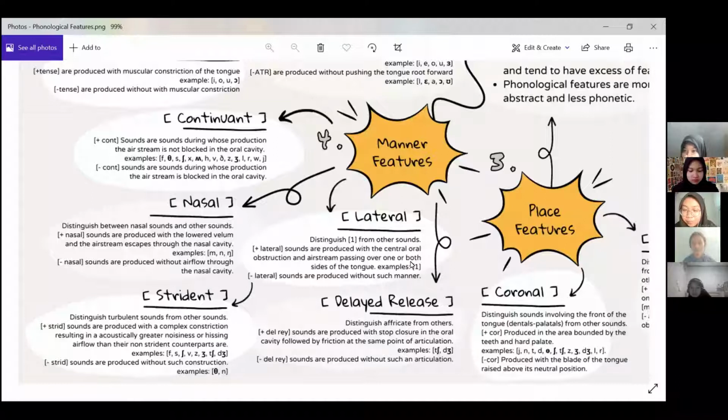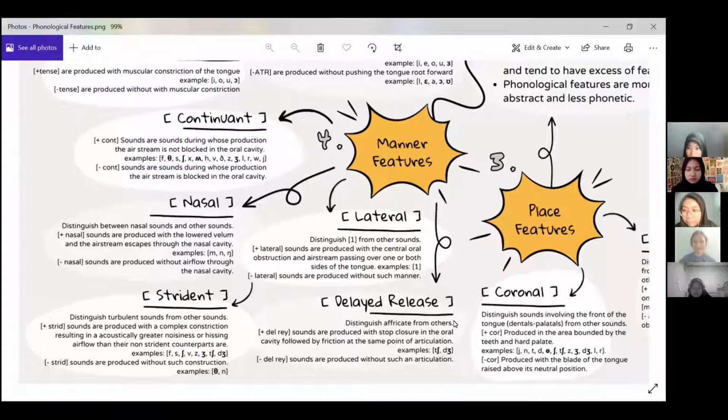And the last is in positive delayed release, the sounds are produced with stop closure in the oral cavity followed by friction at the same point of articulation. There's only two examples, ch as in chest and j as in judge. When you are trying to say ch and j, the tongue goes up to the top to stop airflow.